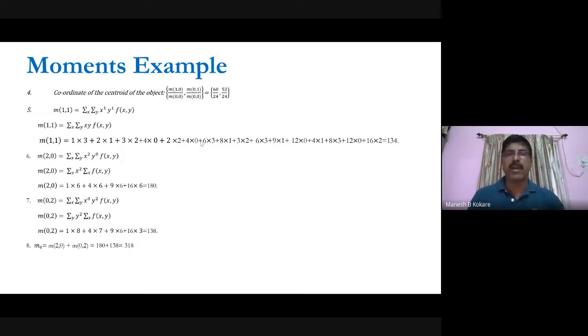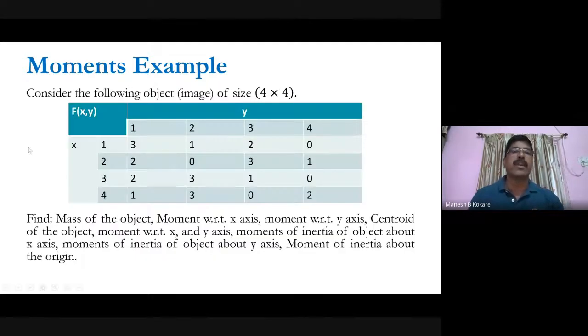Now see, when you come here for the second row, what is the value of this one? X is 2, y is 1. So 2 multiplied by 1 multiplied by 2, so 2 into 2, that is 4. Then 2 multiplied by 2, that is 4 multiplied by 0. Then 2 multiplied by 3, that is 6 multiplied by 3, so 18. Then 2 multiplied by 4, that is 8 multiplied by 1, so that is 8.